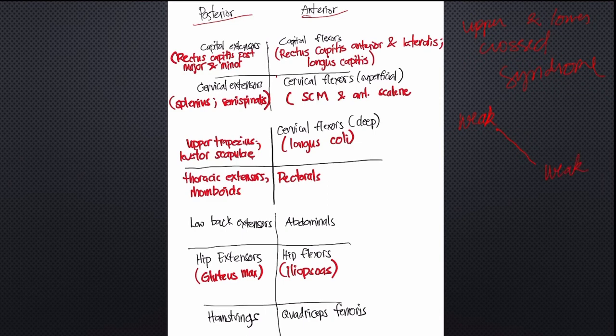We can also imply that if a region is weak here, what is adjacent to it is tight. The tightness also crosses to the opposite side, so there will be tightness in that region too. It will happen in your upper back and in your lower back.